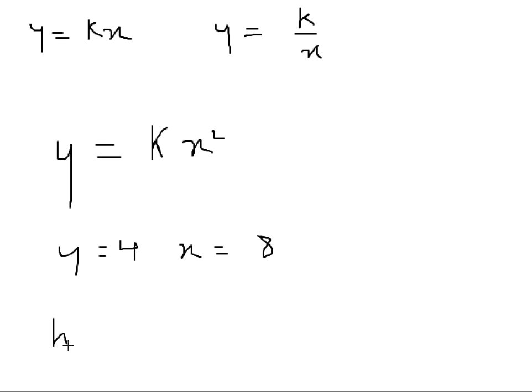So 4 equals 64k, because we're squaring the 8. So you divide by 64 to get k, so k equals 4 over 64.